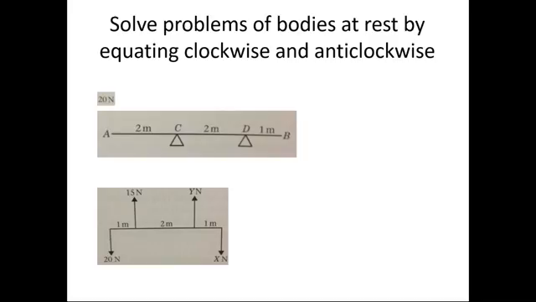And there's an anti-clockwise moment of B acting 5 meters away. Now they should equal each other because it's at rest. There's no overall moment. So 30 newtons times 2 meters, 60 newton meters clockwise, 5B newton meters anti-clockwise, therefore 5B equals 60.